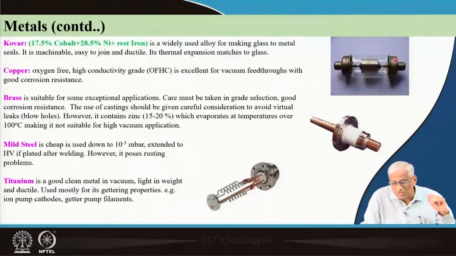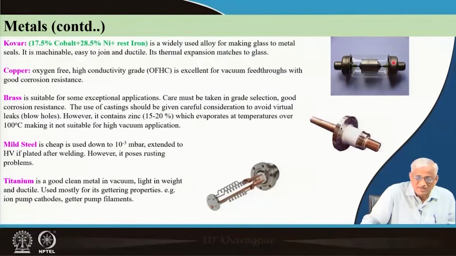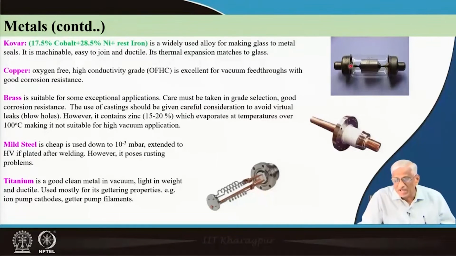So if you coat a little bit of metallized glass towards the end using some specialized techniques, we will see later when we go to the electrical engineering applications. We can have such high vacuum tubes which will retain vacuum for a very long time, years together.